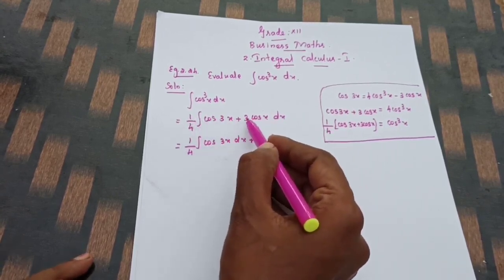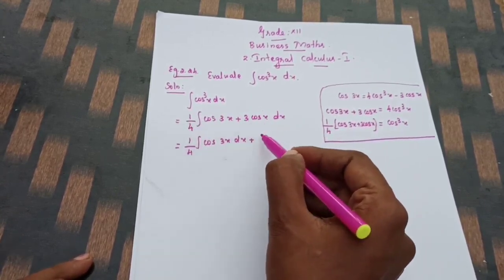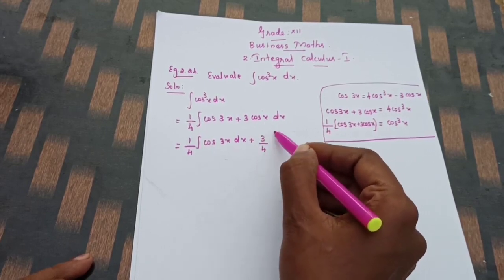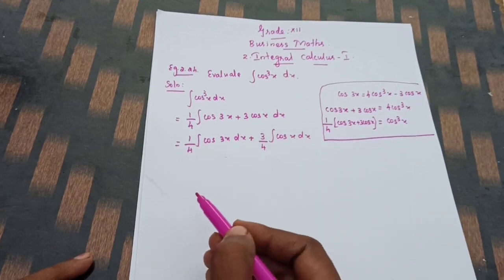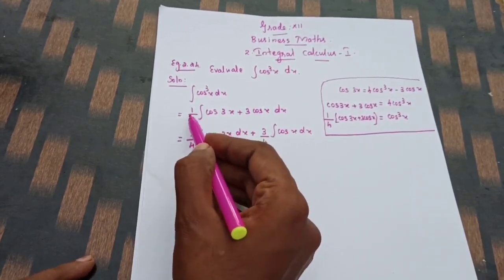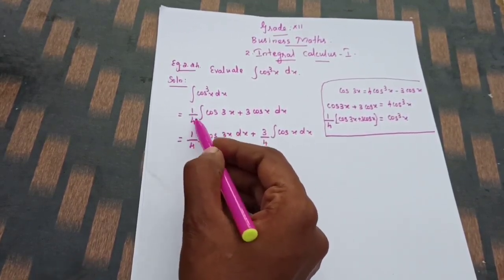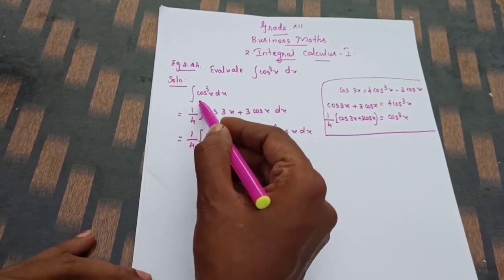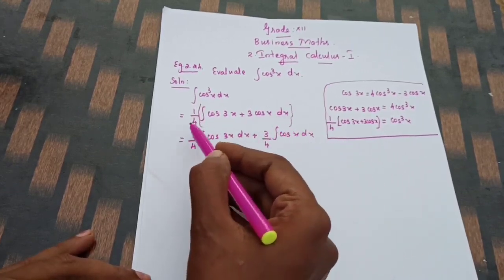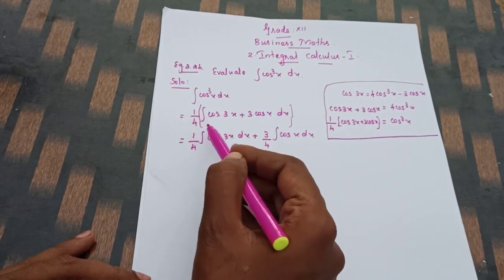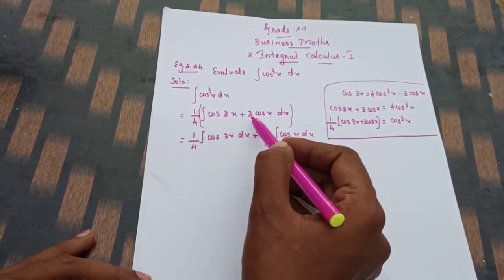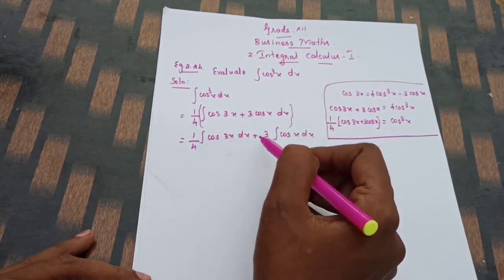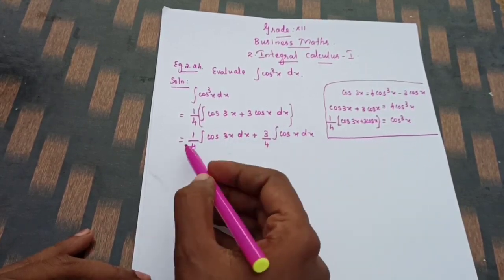So, if you multiply with the inside, what will happen? 1 into 3, 3 by 4. Have you all understood what I did? I multiplied with the constant inside. 1 by 4 is outside, so that is common for both. So I brought it inside: 1 by 4 into cos 3x dx, and 1 by 4 into 3 gives 3 by 4 into the integral of cos x dx.